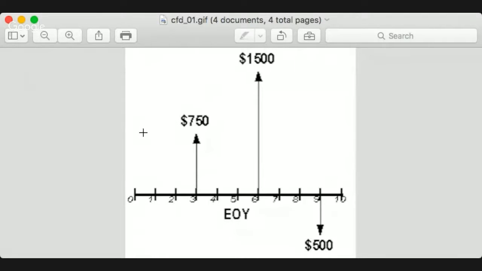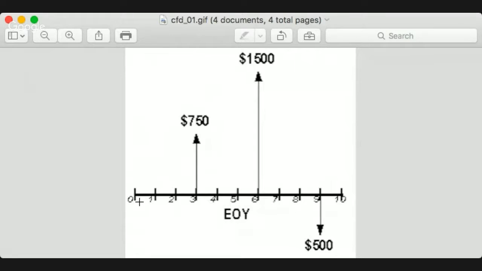So step one, I will take $750 and I will move it from year 3 to year 0. That is, I'm going to take an amount of money that would occur in the future, 3 years in the future, and find out what it would be at time 0 given a particular interest rate.